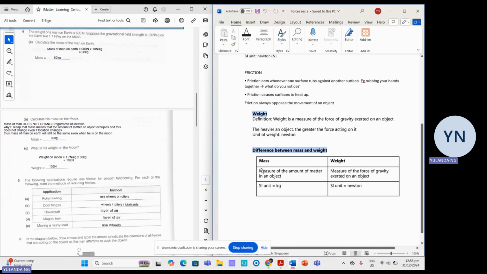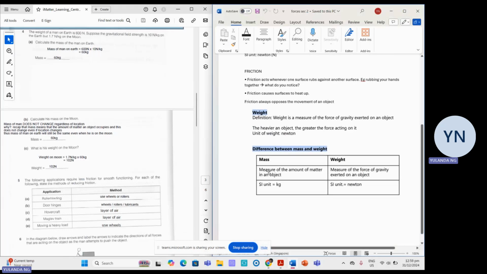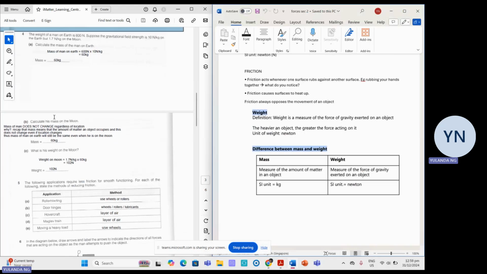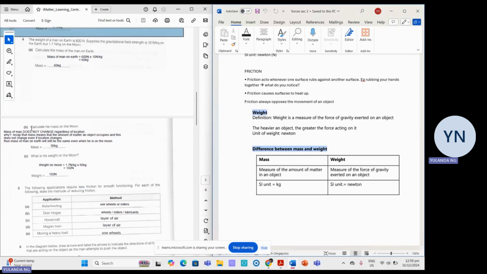This is because look at the definition of mass again. It measures the amount of matter in an object. Will the amount of matter that you occupy change regardless of your location? The answer is no. It will still occupy the same space. So that is why your mass will stay constant, whether you are on Earth or on the moon.